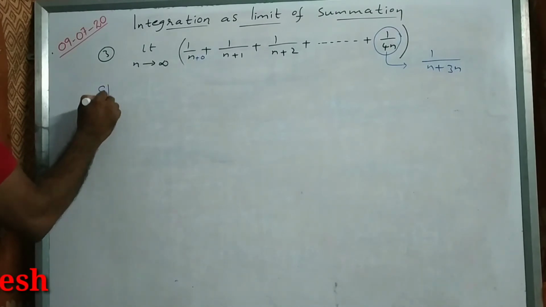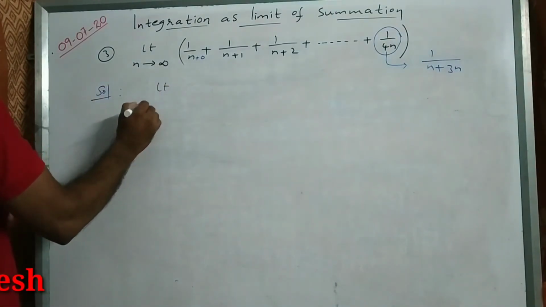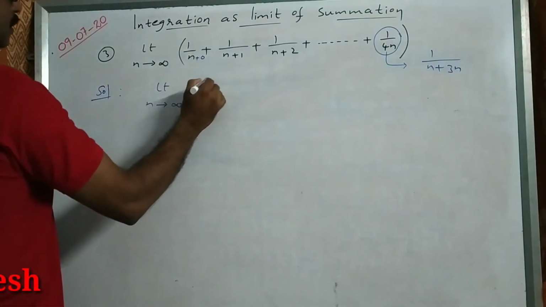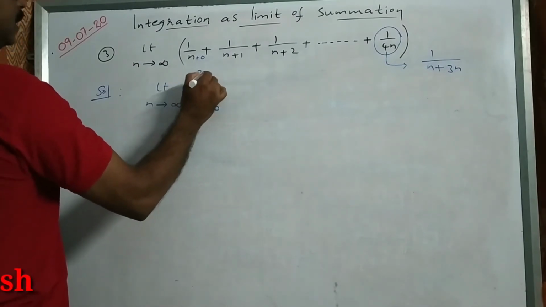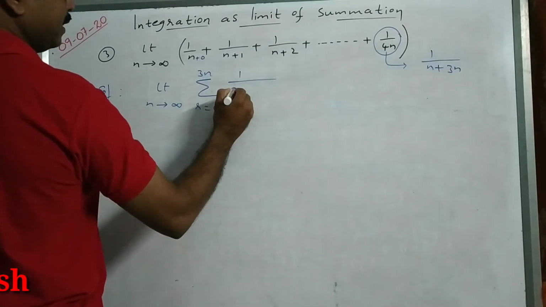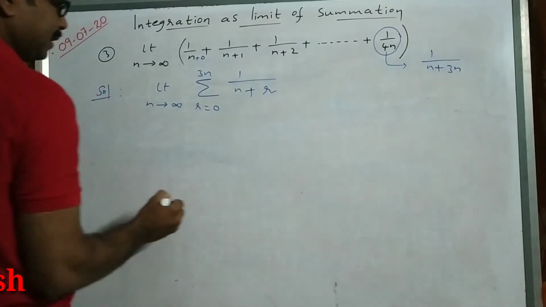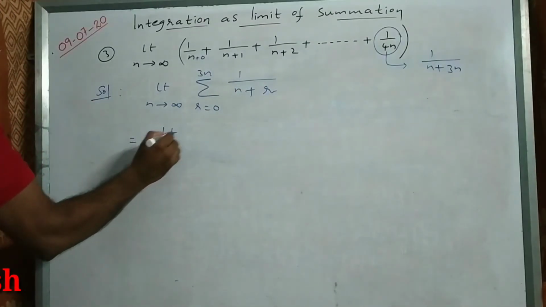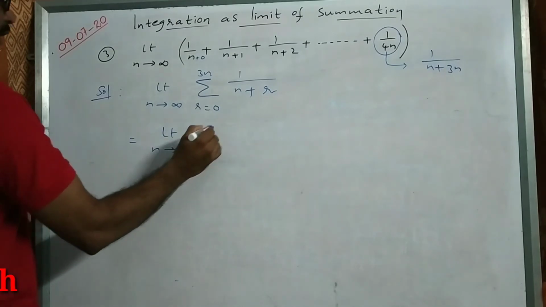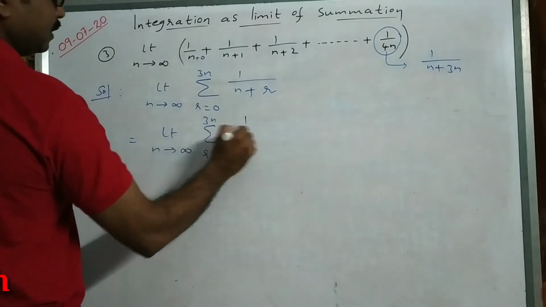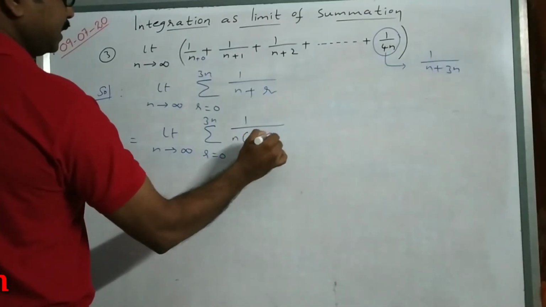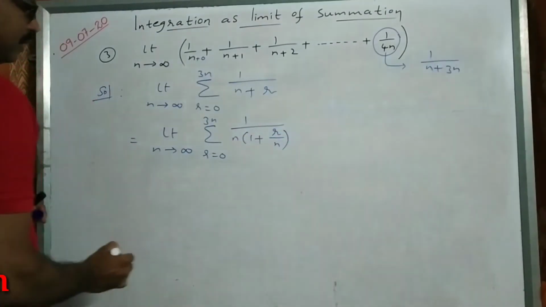So solution, limit n tends to infinity, summation r equal to 0 to 3n, 1 by n plus r. Okay? So limit n tends to infinity, summation r equal to 0 to 3n, take n common, 1 plus r by n.